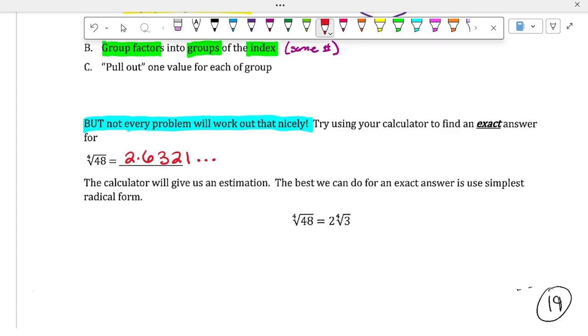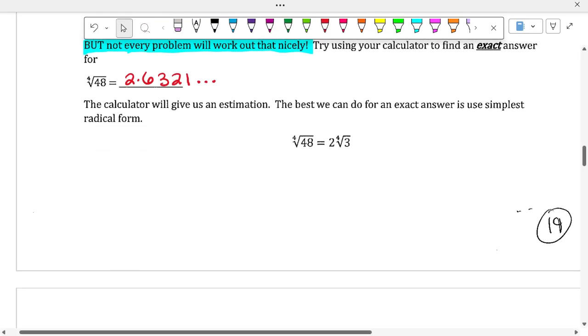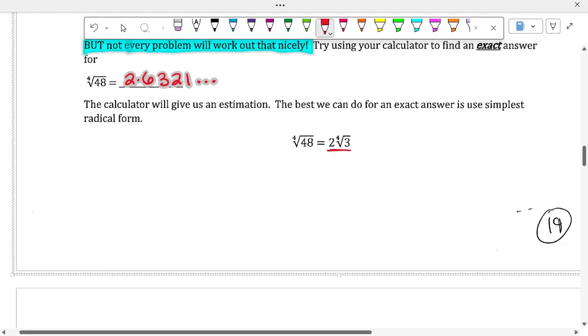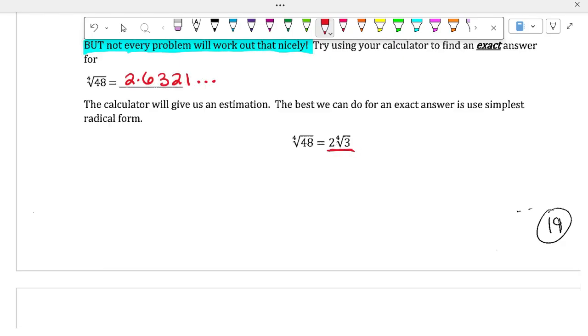All right. So if we want to break this down into its simplest form, they told us that's going to be 2 fourth root of 3. But let's actually look at the factor tree for that. Let's break 48 down to its prime factors. First off, let's start simple. What are 2 factors of 48? 2 and 24. Which one's prime? 2.